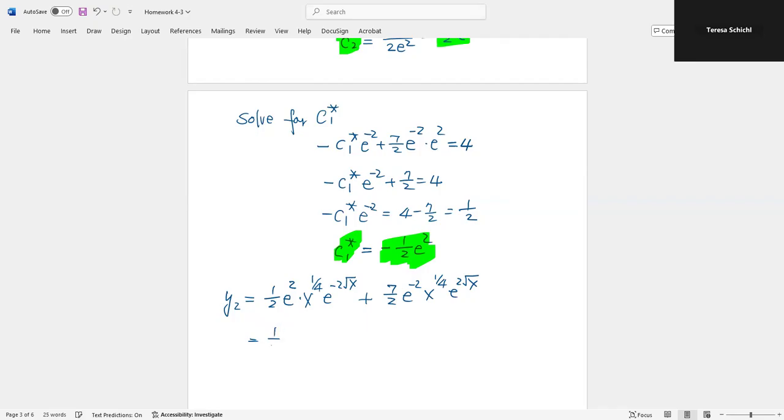If you take the 1/2 x to the 1/4 out, then here you will have e^2 times e to the negative 2 square roots of x, and then plus 7 times e to the positive 2 square roots of x. Oh boy, right, finally we got it, okay?